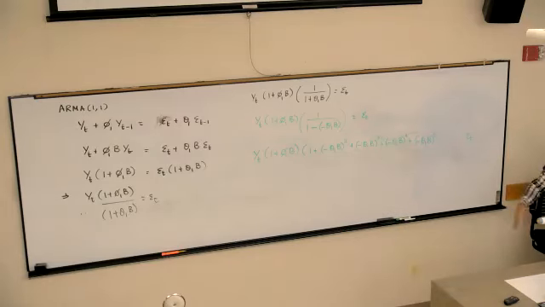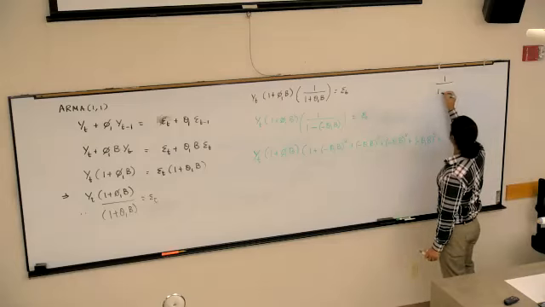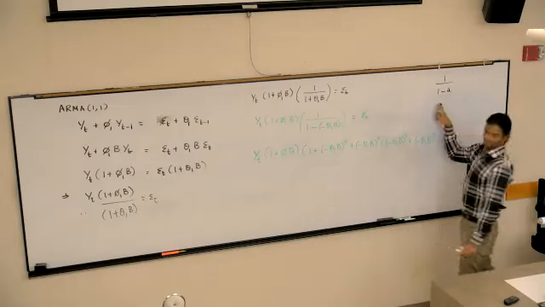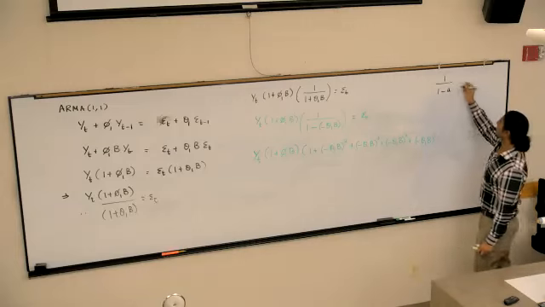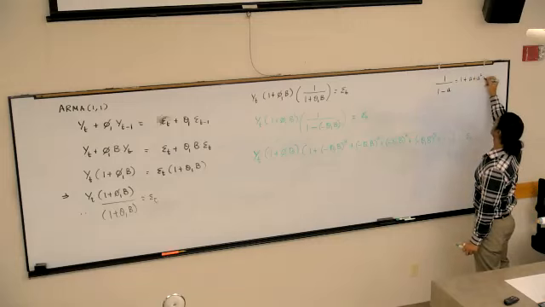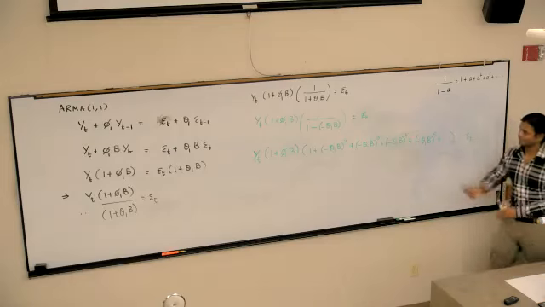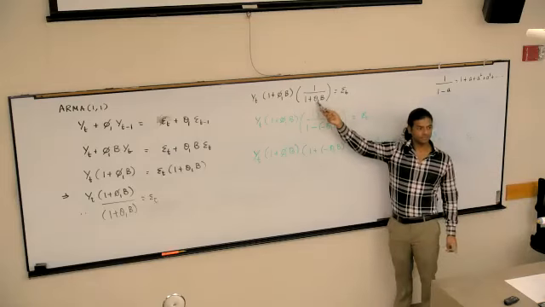Yes. Why is it negative phi? Wouldn't it be... No, because you're subtracting a negative, which is positive. So the infinite sum of a geometric series is 1 over 1 minus a. Okay. 1 over 1 minus a can be written as 1 plus a plus a squared plus a cubed and so on, right? I have plus.